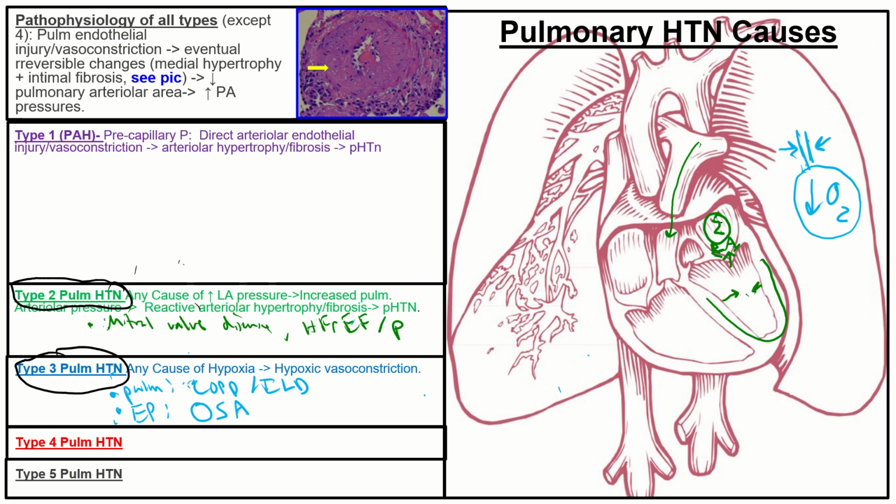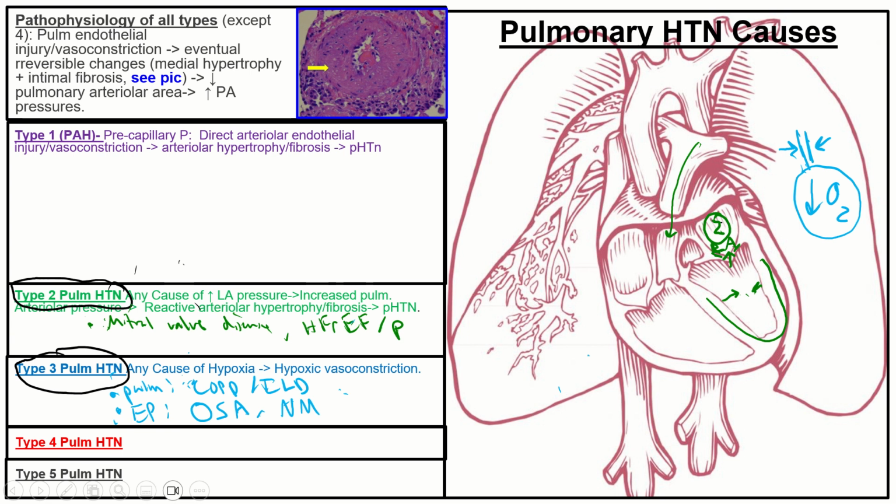They're going to get hypoxia at night, and that's going to cause hypoxic vasoconstriction. Less likely would be something like a neuromuscular disease as well that can cause chronic hypoxia. So perfect, we just covered about 90% of pulmonary hypertension. A lot of times you can just look at an echocardiogram, look at the patient.